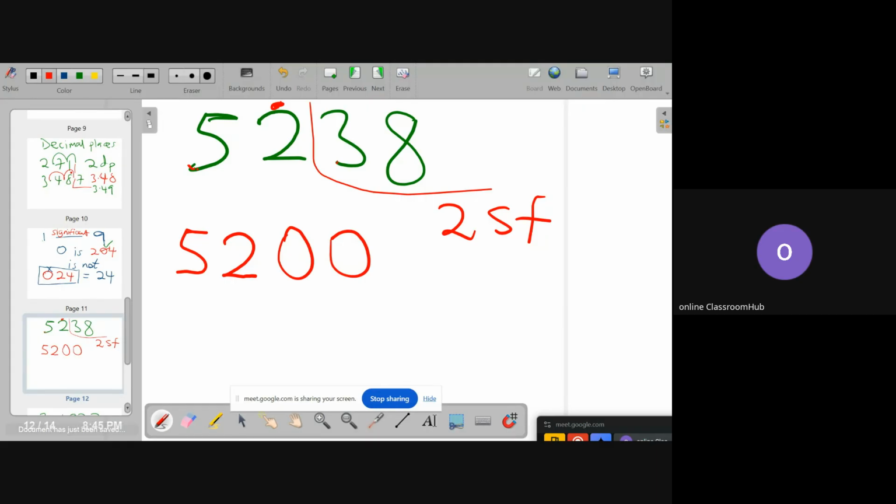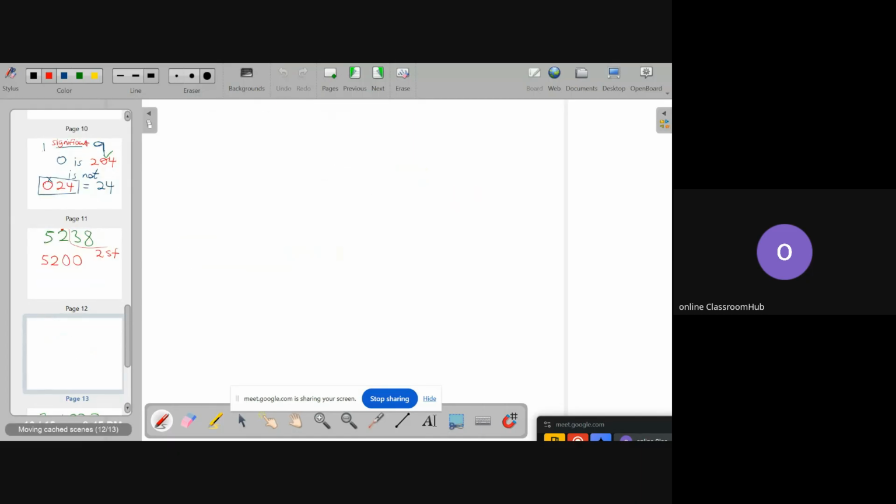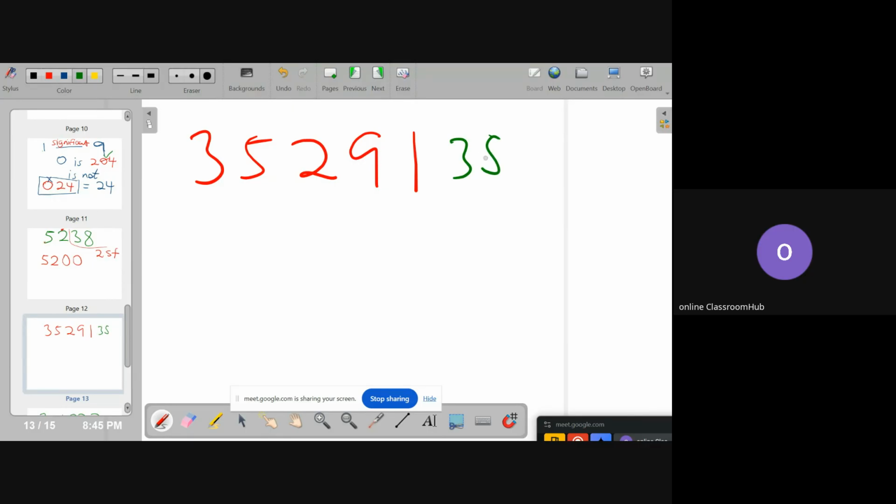If you have 3, 5, 2, 9, 1 and you want to write your answer in 3 SF, 3 significant figures, our first SF is 3. Our second is 5. Our third is 2. So this is our bar stop, meaning we are going to throw these ones away.